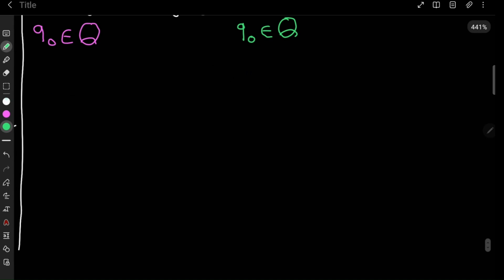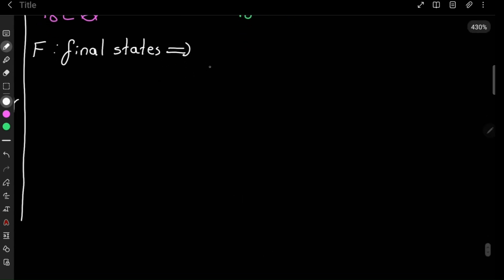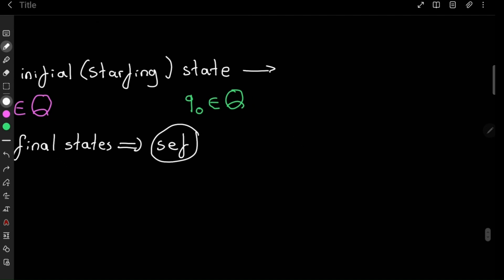The final notation is F, which stands for the final states. The important thing is this is a set. However, this is just one state.